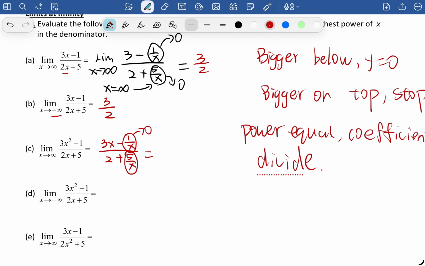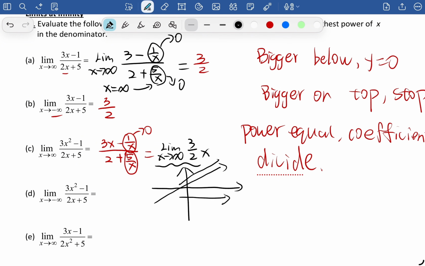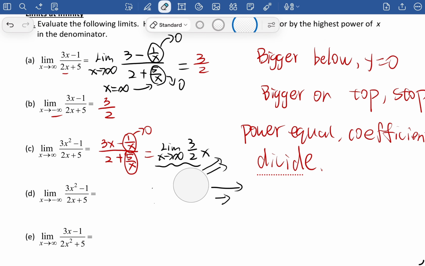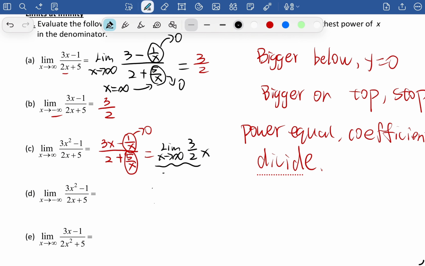But we are left with the limit as x approaches infinity of 3x over 2. And we can kind of see what this is on the graph, right? It's a linear positive function. When x approaches infinity, it's also going to be infinity, right? So the value of this one is going to be infinity.